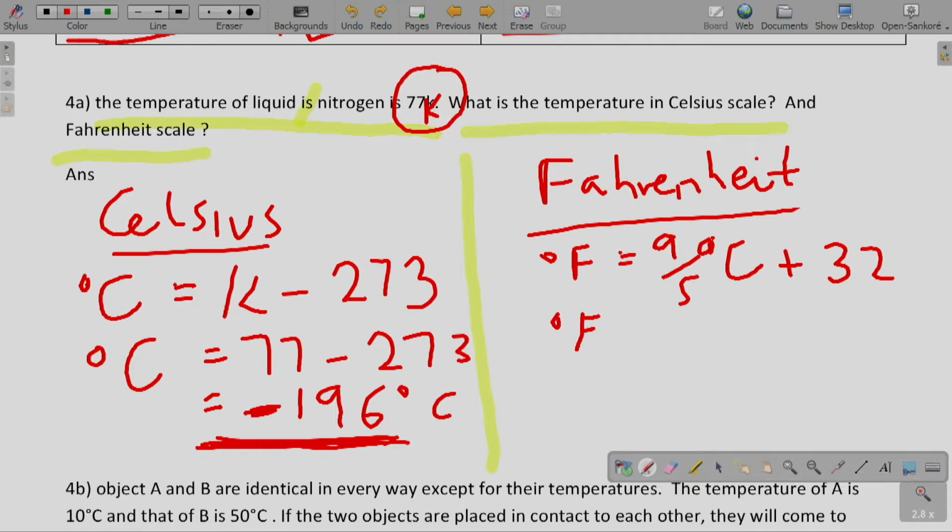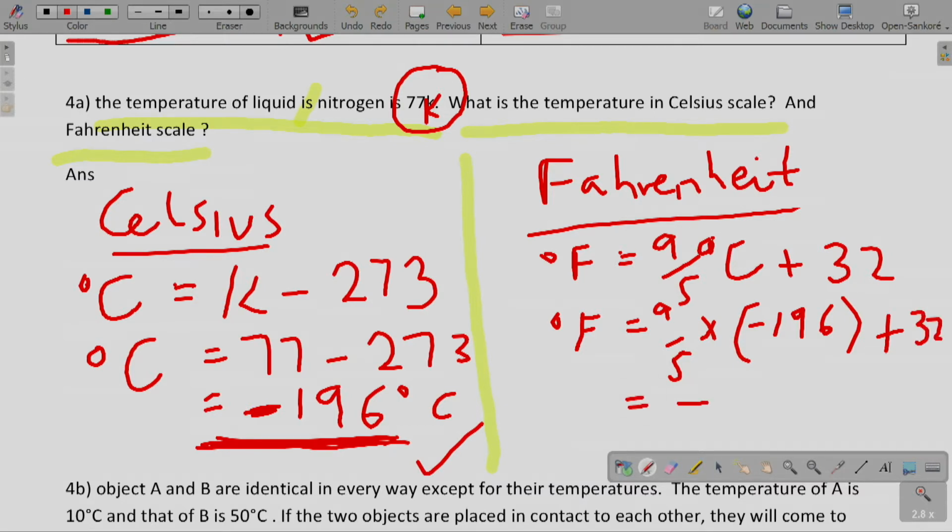So Fahrenheit is equal to 9/5 times the temperature in centigrade, which is negative 196 as I found from here, plus 32. I get negative 320.8 degrees Fahrenheit. So I have answered the question. I was required to express it in Fahrenheit scale, and it would be given as negative 320.8 degrees Fahrenheit.